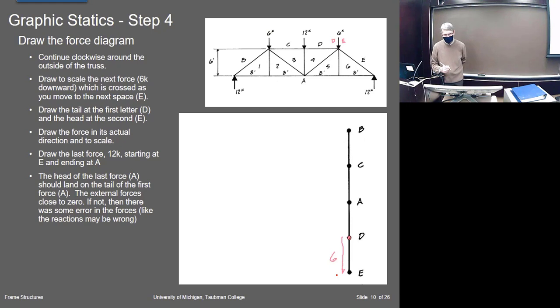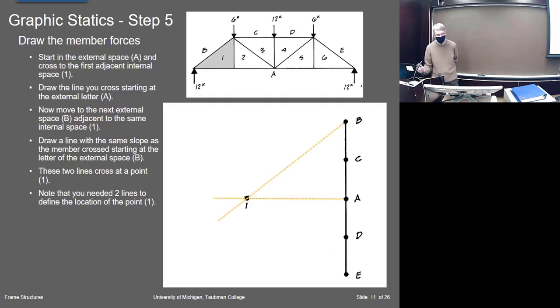And then we've got one more. This one at the bottom will be from E to A, and that should close it at A. So here we went from E and we went back up to A. Right? So that closed that figure. That just simply shows you the external forces are in static equilibrium, right? That it started at A and it came back to A.